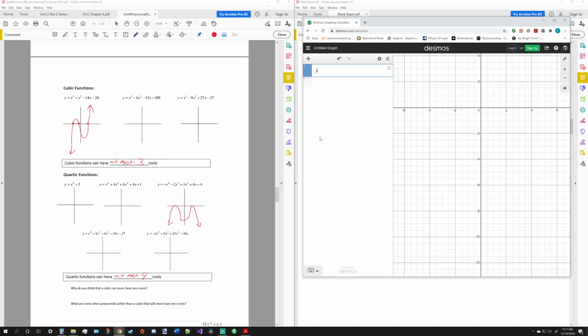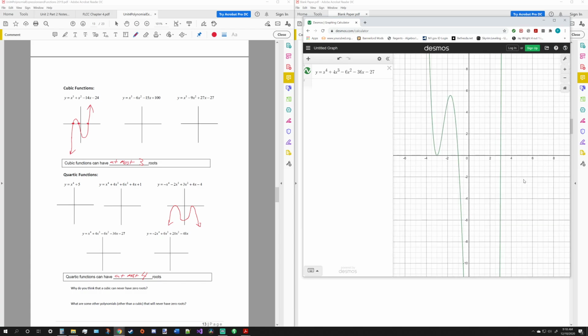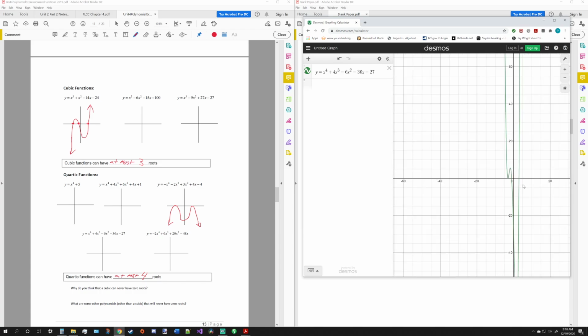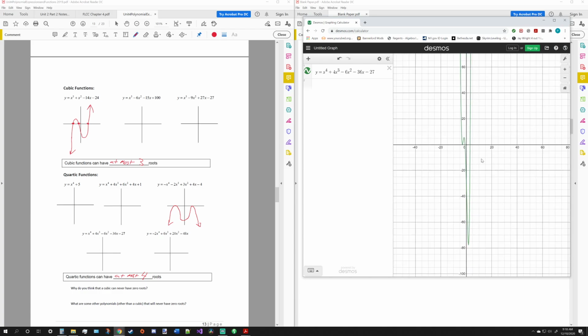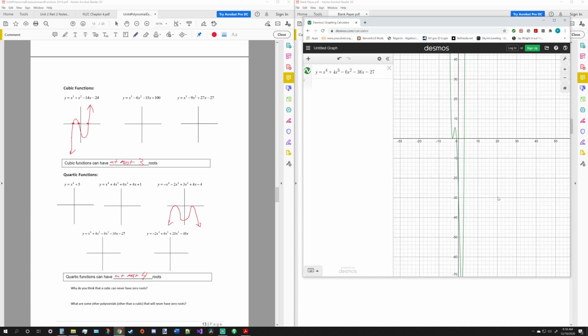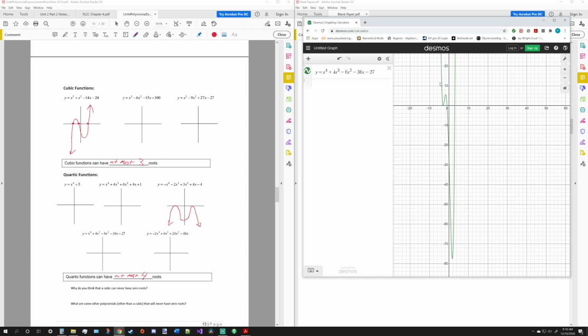Let me put in the next one as well. And here we see sort of this shape.